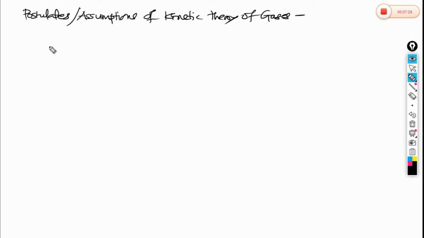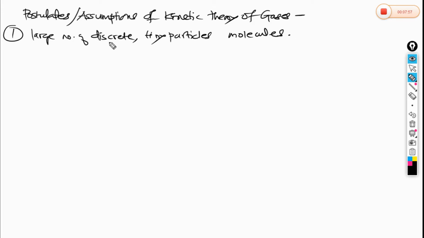The first assumption is that any gas consists of a large number of discrete, tiny particles called molecules.